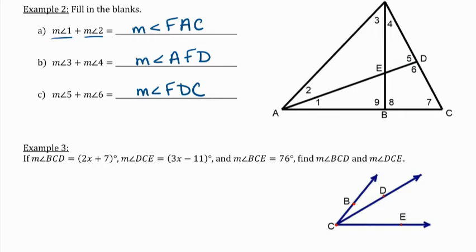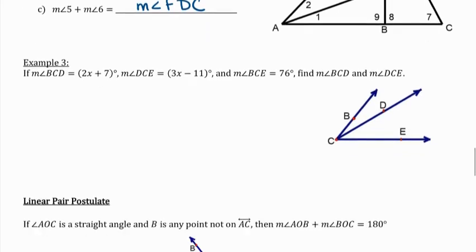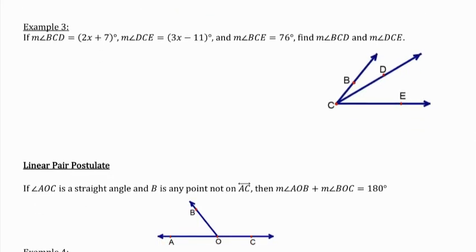All right, let's try some with some numbers and see how this works. Okay, so we've got our picture here. This tells us if the measure of angle BCD is 2x plus 7 degrees. Okay, so let's look at angle BCD. Here's B, here's C, here's D, right? So if I follow those, that's this angle here. So the measure of this angle, and I like to write it in here, is 2x plus 7. Okay.